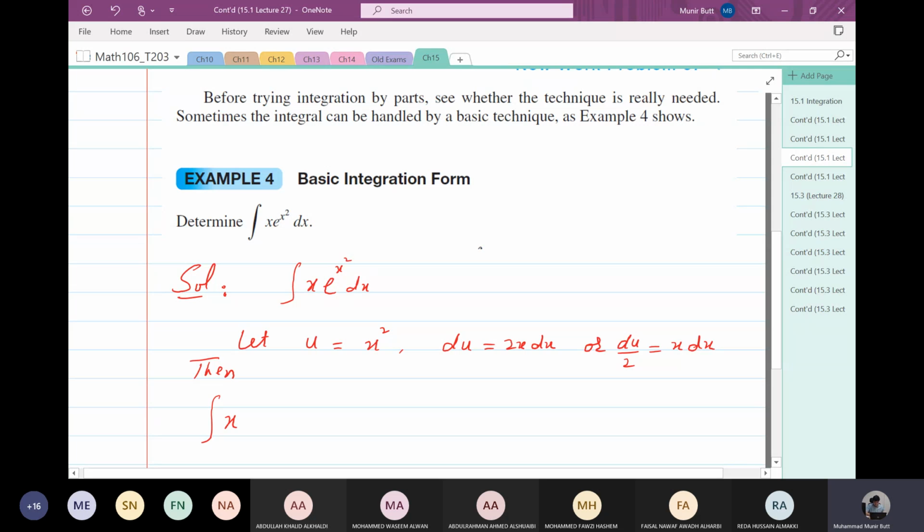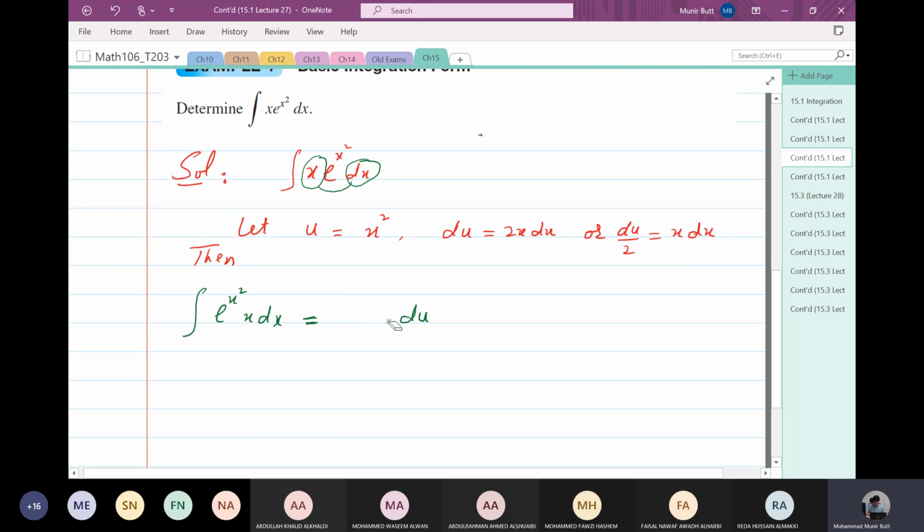So we have given x dx here. So x dx is equal to what? du over 2. So e to the power x square into x dx is equal to e to the power u and then du. Agree?